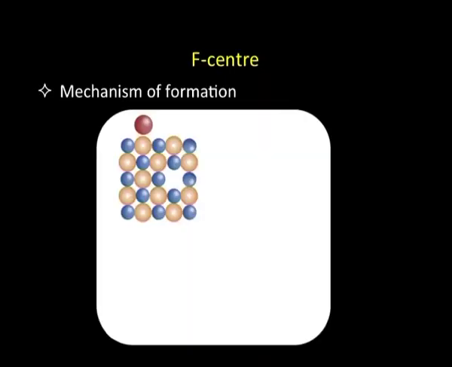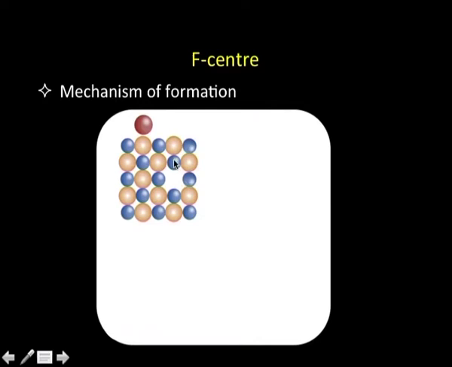Okay. Now, let us see how an F center is formed. Look at this. Typically, we have a crystal of sodium chloride having an anion vacancy. We take this sample of sodium chloride, heat it in the presence of sodium vapors, and some of the vapors get adsorbed onto the lattice.